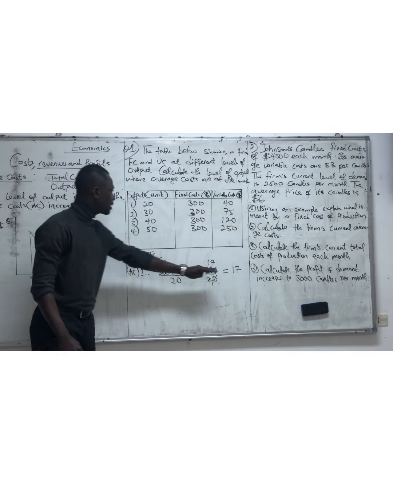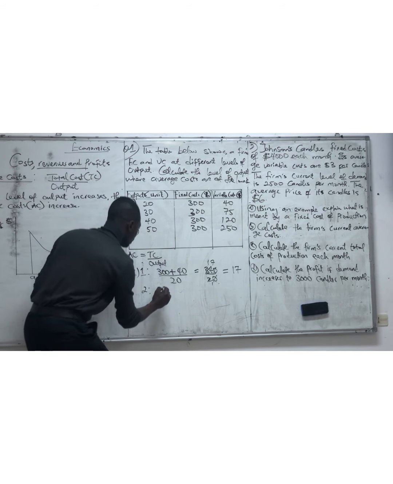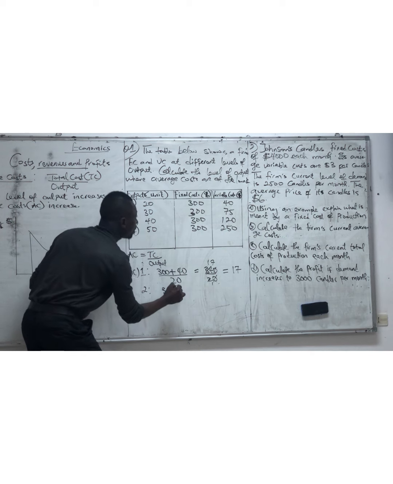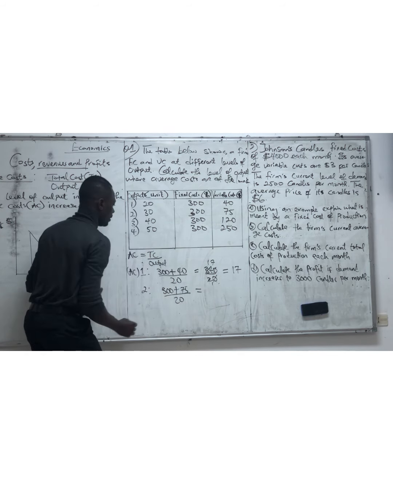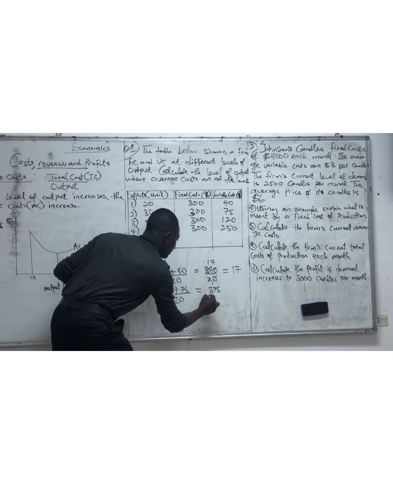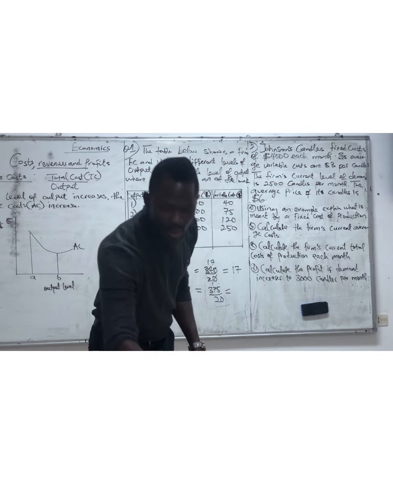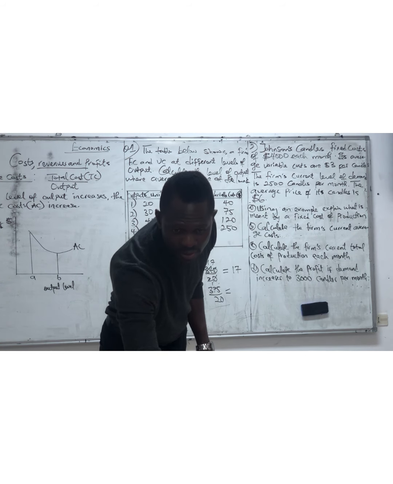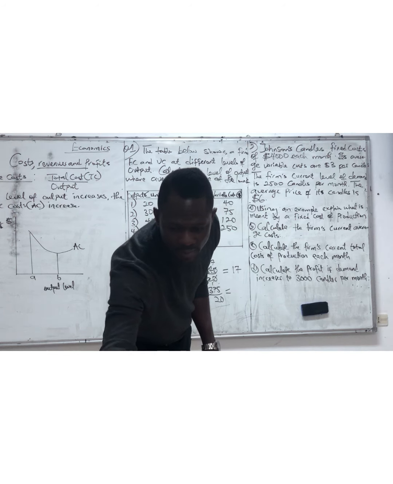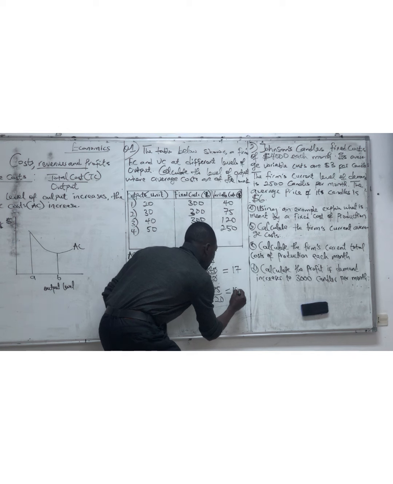So the AC1 is 17. We go to AC2: 300 plus 75 divided by 20. That's 375 divided by 20, which gives 18.75.